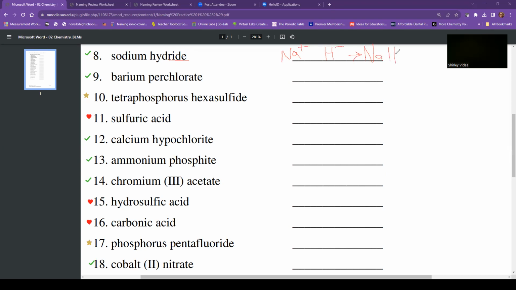Now, barium perchlorate. Okay, so it's telling me to write two things. Barium is in group 2, so we know it's a +2. And perchlorate in the polyatomic ion sheet is ClO4 negative.